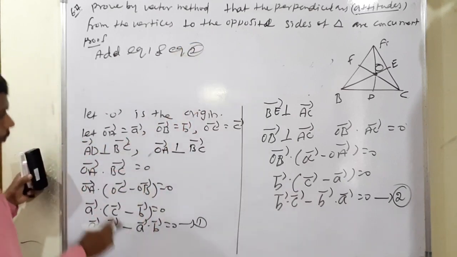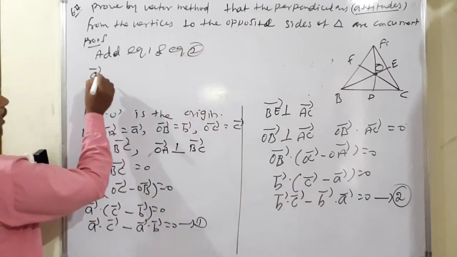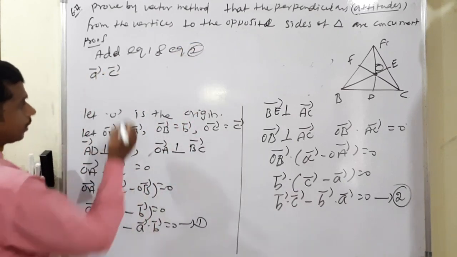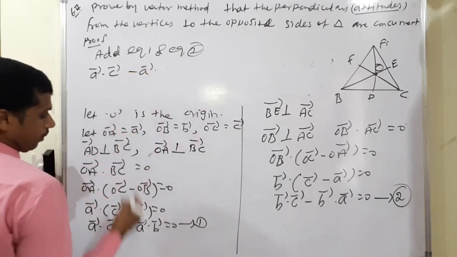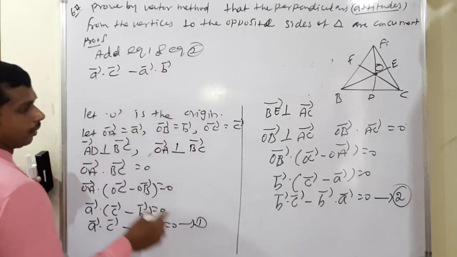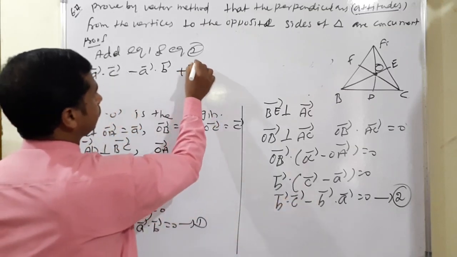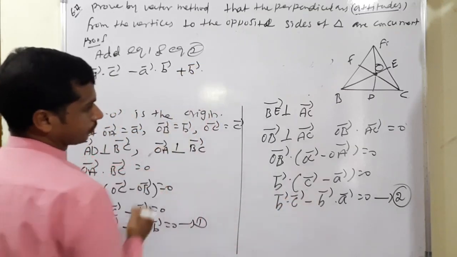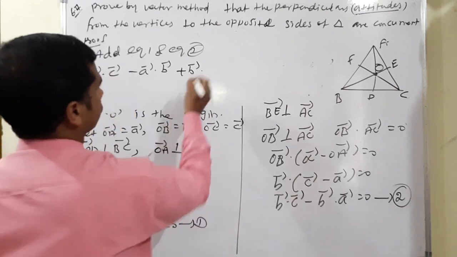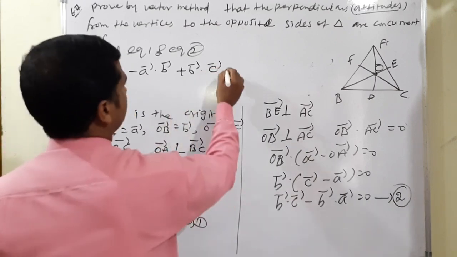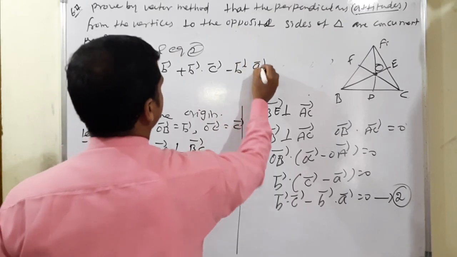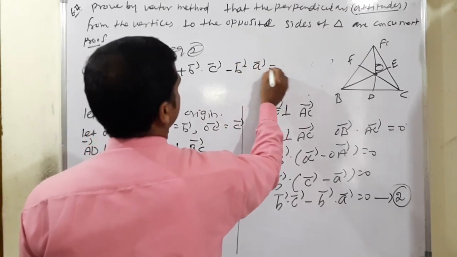Look at equation 1 left hand side: A vector dot C vector minus A vector dot B vector. Second equation left hand side plus B vector dot C vector minus B vector dot A vector, equal to 0.